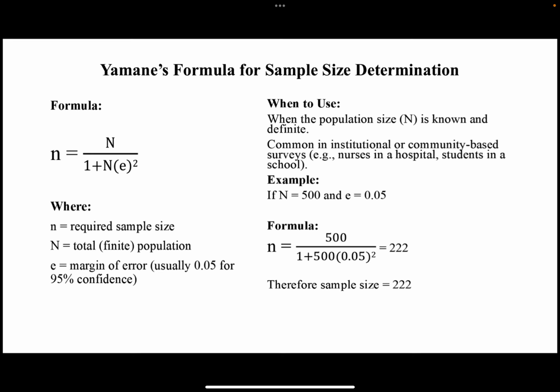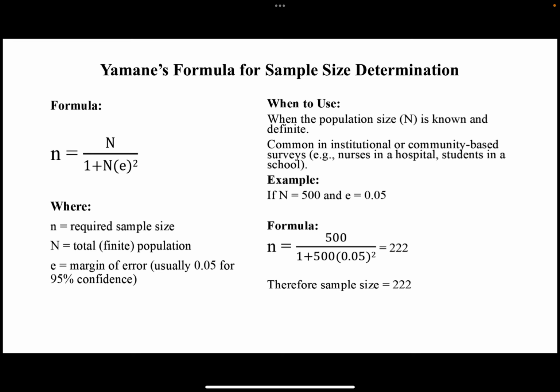Another point you have to consider before you use Yamane's formula is when the population size is not so large. Because if the population size is very large and you still go ahead to use Yamane's formula, you end up getting a larger sample size. So you have to also consider that. The key point with considering Yamane's formula is when the population size is known.